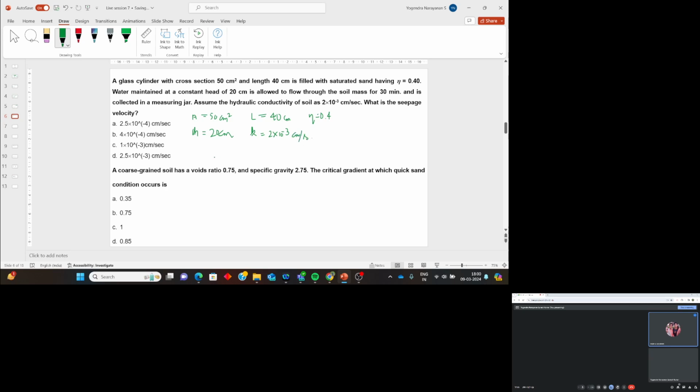Now what is the formula for, now we know that V equal to K I, right? Now, and we know that seepage velocity Vs is how much?